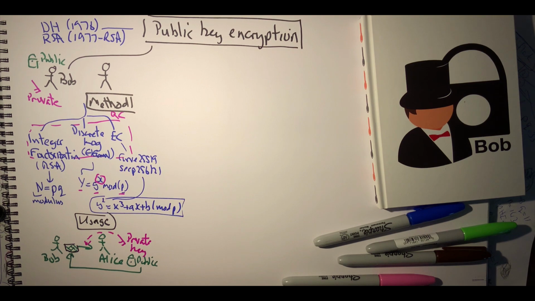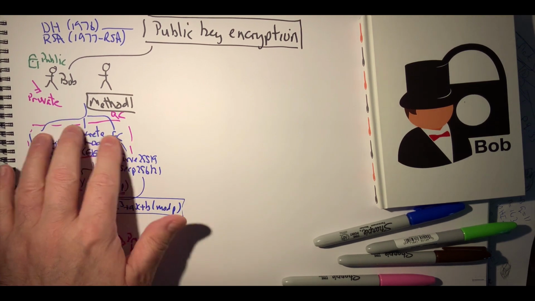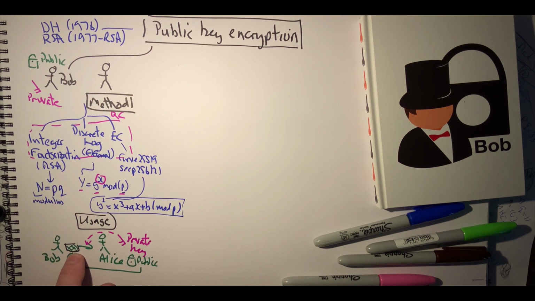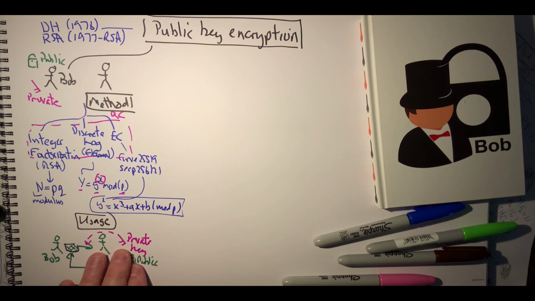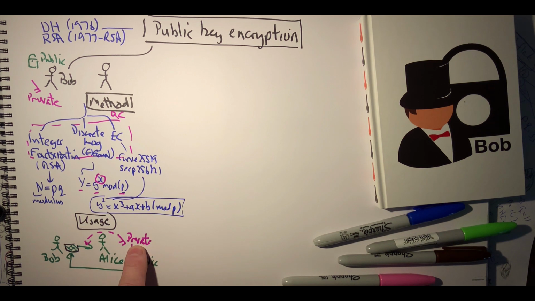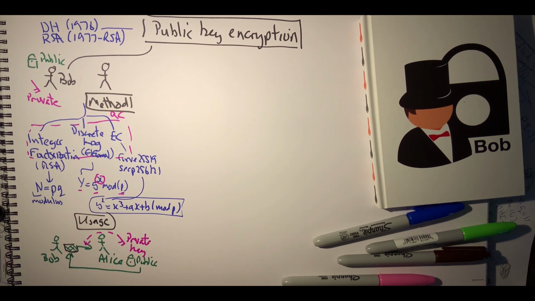The downside of this is that because of the maths, the complexity of the methods used, if this is large amounts of data, it can be computationally difficult. And we would typically not use this method to encrypt large amounts of data. What we typically do is something else.